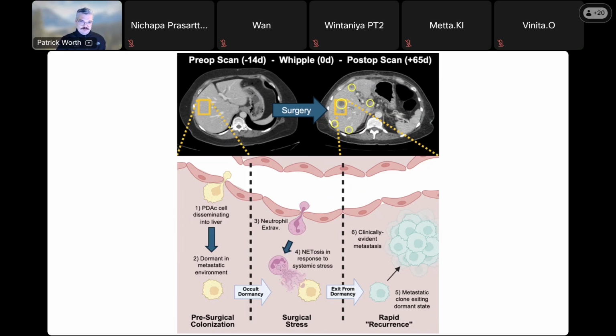This has been shown to activate dormant cancer cells in lung cancer, in the Lewis lung carcinoma model, a rat model of lung adenocarcinoma, and the metalloproteinases and different proteolytic enzymes secreted with these histones or with this NET deposition actually cause matrix remodeling around these disseminated dormant cancer cells.